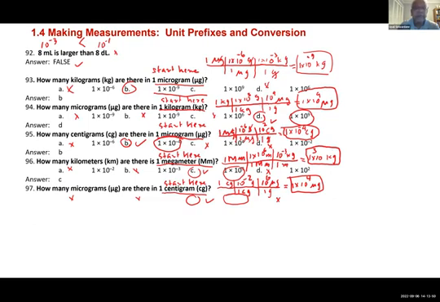Microgram, okay, that's 10 to the negative 4 right here. Number 95 and 97 are inverses, so converting the larger one to the smaller one is 10 to the 4.